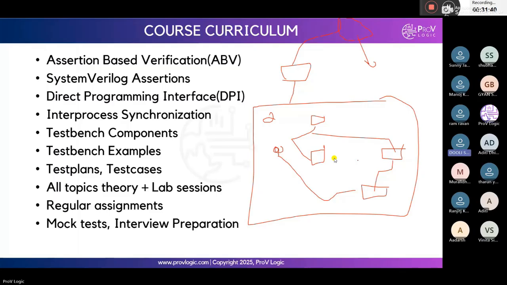Why? Complexity-wise, to verify the functionality more thoroughly, SV and UVM will be used in pre-silicon. Whereas at the abstract level, at post-silicon level, we will use C language.